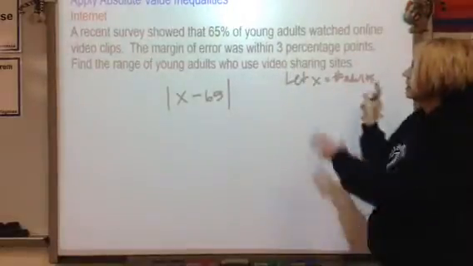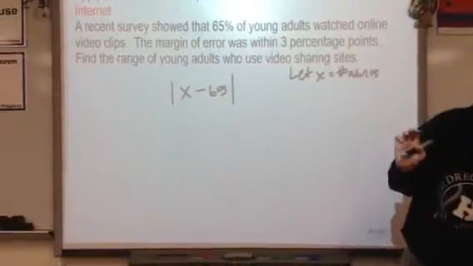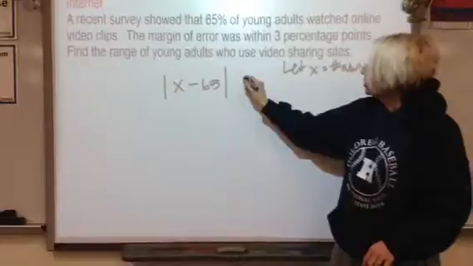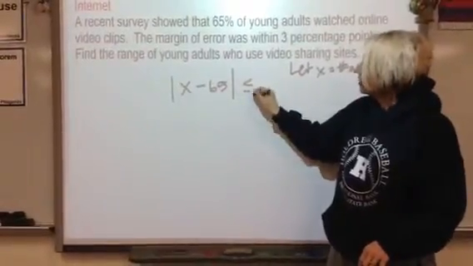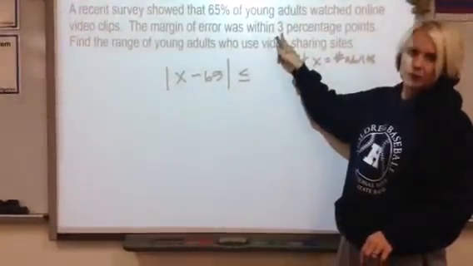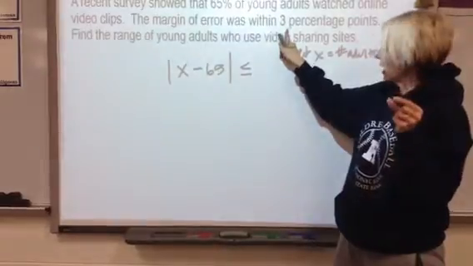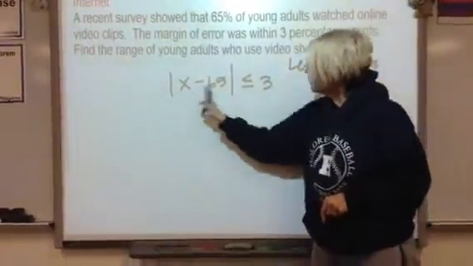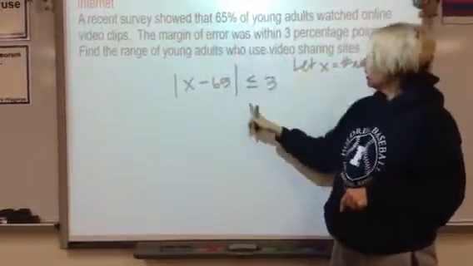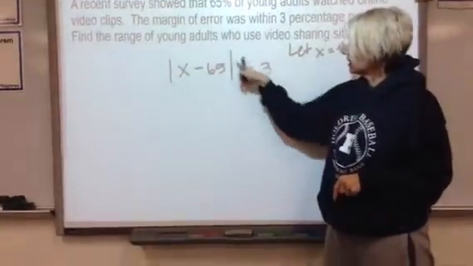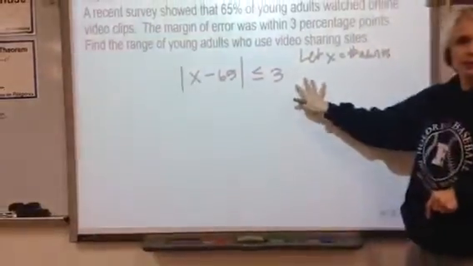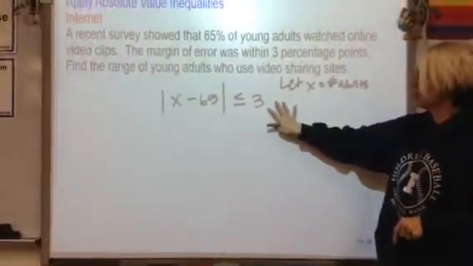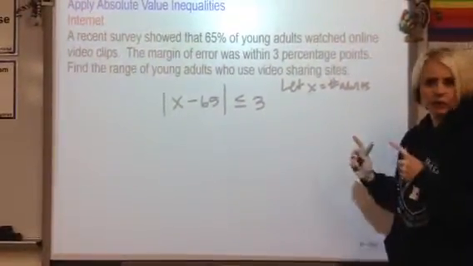In this margin of error, we want intersections, so that's less than. We're going to say equal to as well because it's within 3 percentage points. So if it's 3 away, it still counts. And then 3 is your absolute value. If you were thinking of a graph, this would be a line segment because the symbol matches.